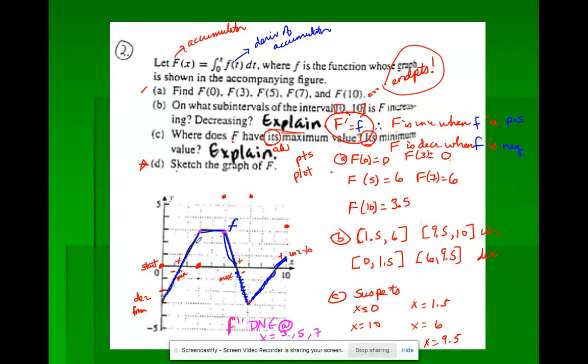Now, why do I care about the second derivative, though? I don't actually care where the second derivative does not exist. I care where the second derivative is increasing or decreasing. Because where the first derivative is increasing, the graph I'm going to draw is concave up.